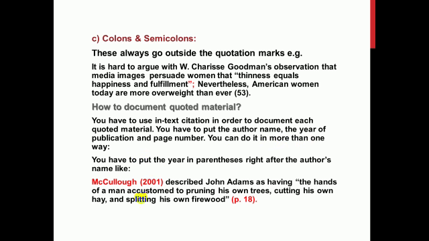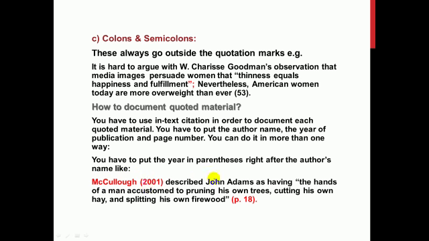In the first example, you put the year in parentheses right after the author's name. Some writers or researchers usually mention the name of the author at the very beginning of the paragraph, followed by the year of publication in parentheses.